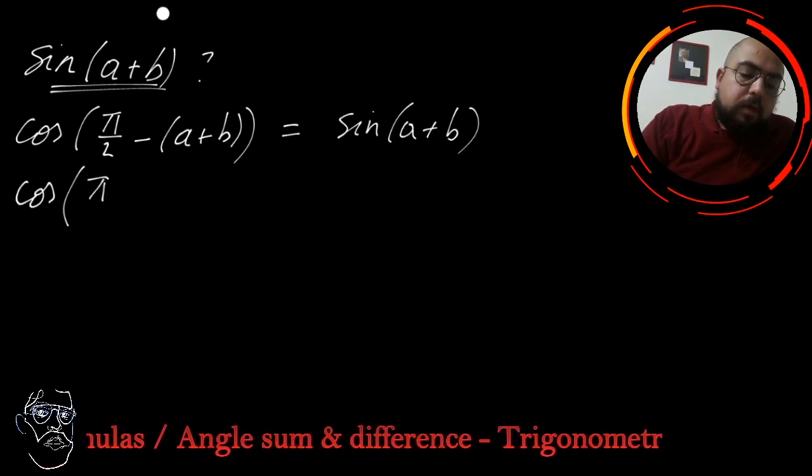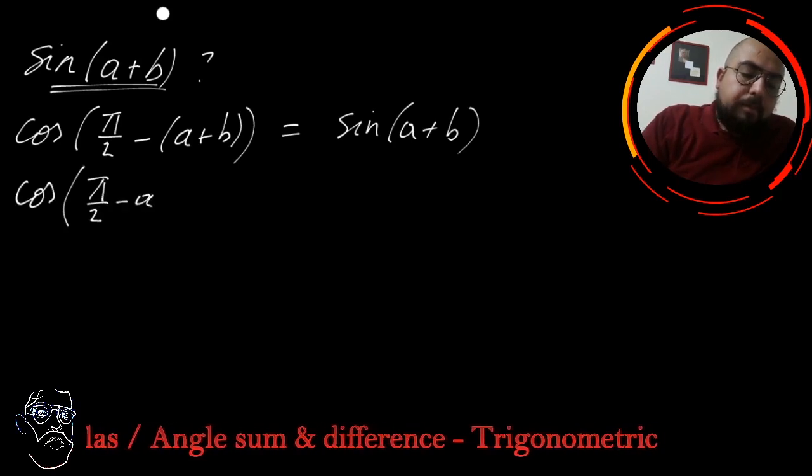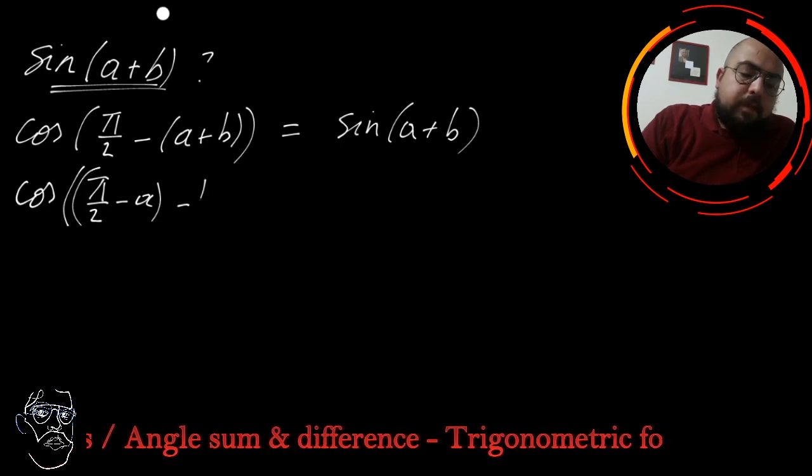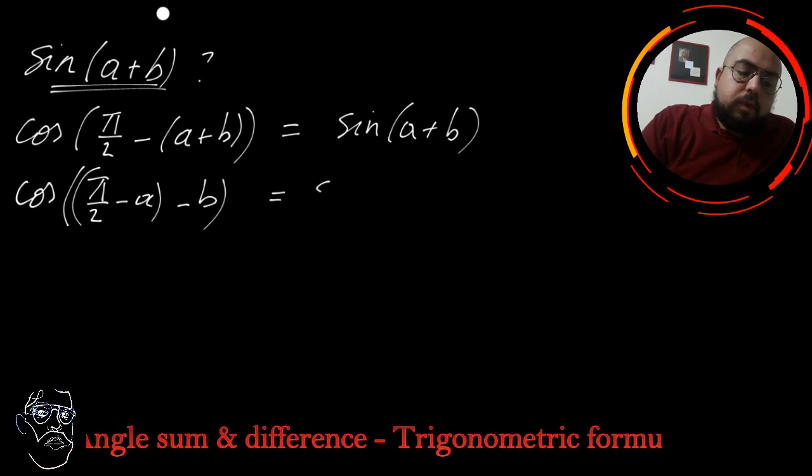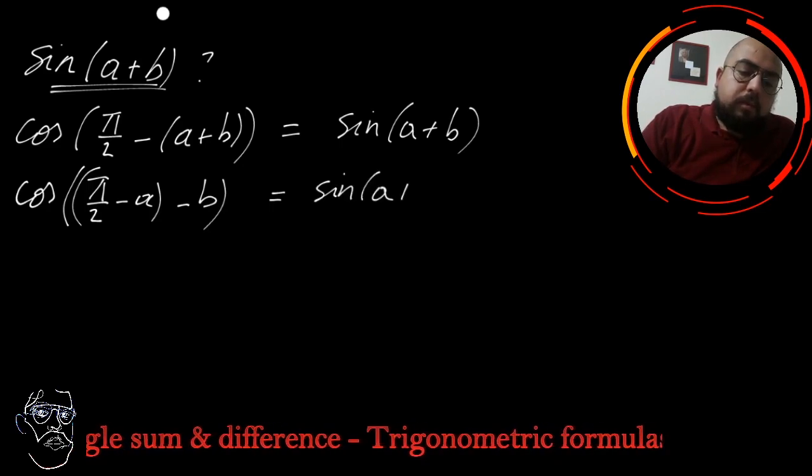I can write this down as pi over 2 minus a minus b, which is of course equal to sine of a plus b.